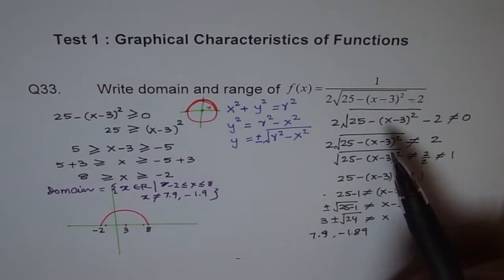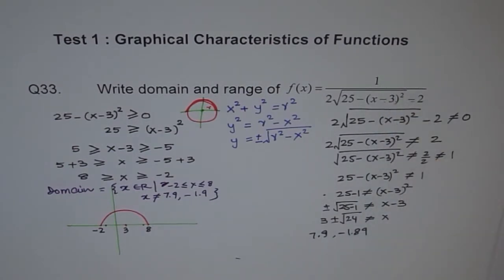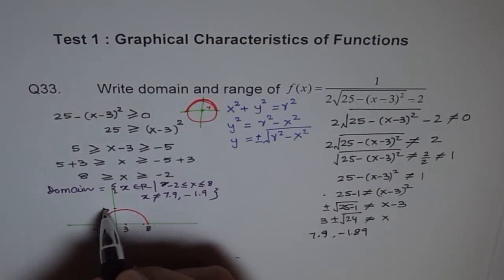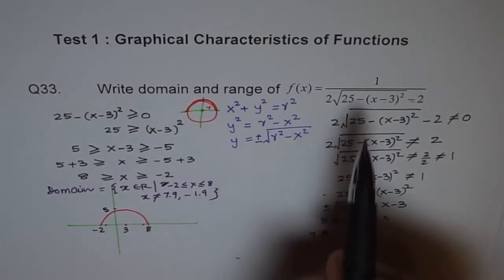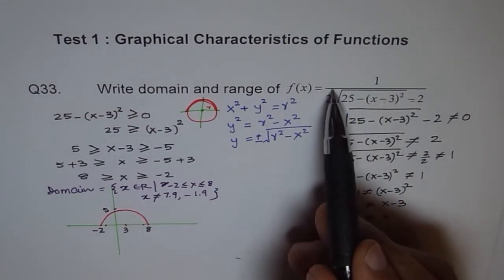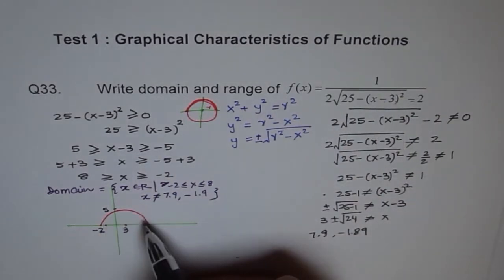Now we can actually graphically see what the answer could be. Now within this period, we know maximum is at 3, and the point at 3 is 5, correct? Now let's go back to our function f of x denominator part, which is square root of 25 minus x minus 3 whole square, which is a semicircle.